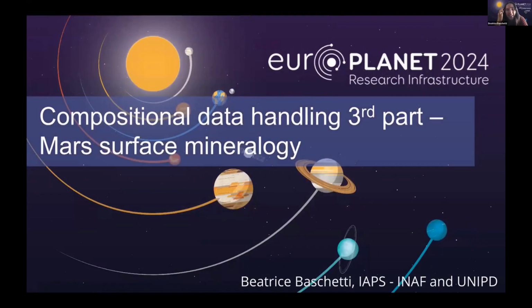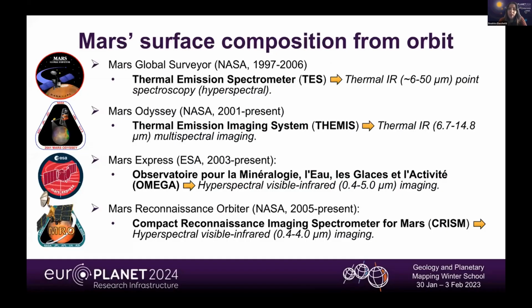Okay, so in about 20 minutes, we'll see this third and last part about compositional data, and we will focus on Mars surface mineralogy. So we actually know a lot about Mars surface mineralogy, thanks to lots of missions that during the last 20-25 years have orbited the planet and that had on board some kind of spectrometer.